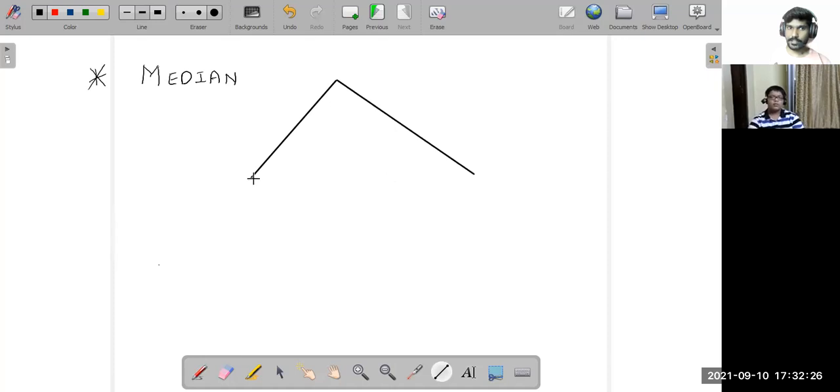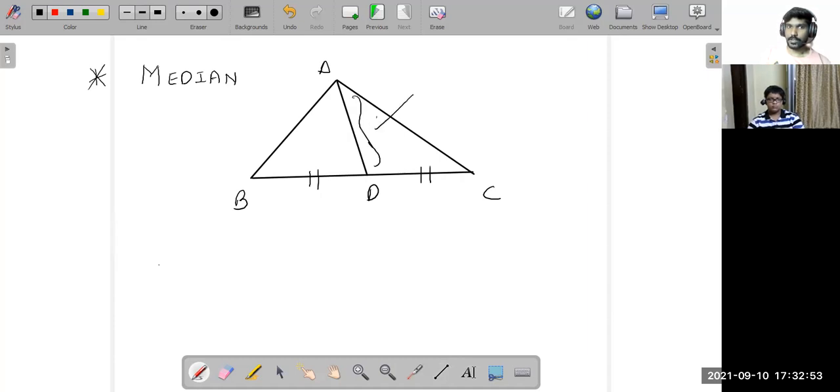So in a triangle, suppose this is A, B, C. The line which joins the vertex of the triangle to the other side of the triangle in such a way that it divides this triangle into two equal parts, that will be called as the median.